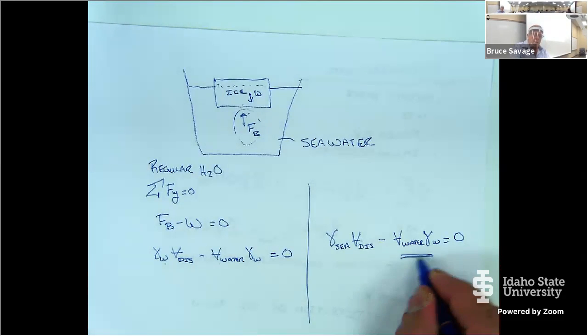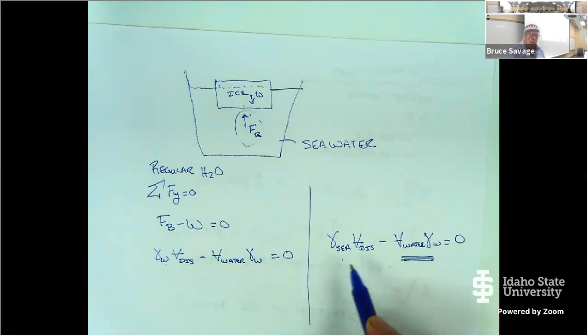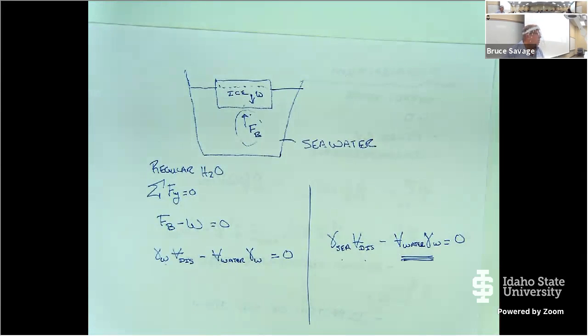We haven't changed this. That's still the same. Same block of ice, same size, same density, same specific weight of water. But we have changed the gamma of the seawater, right? Okay. So if we've changed the gamma of seawater, what does that mean about the displaced volume?